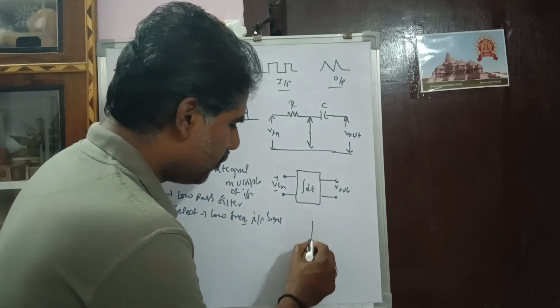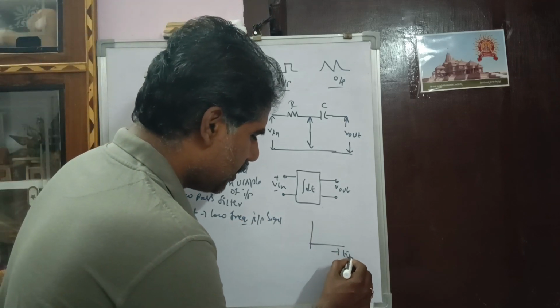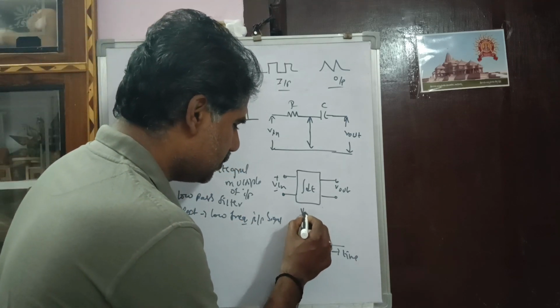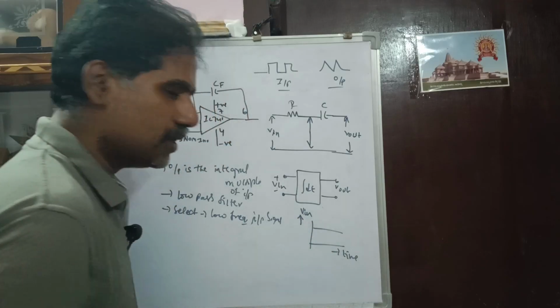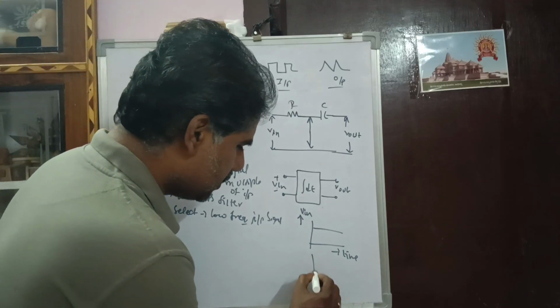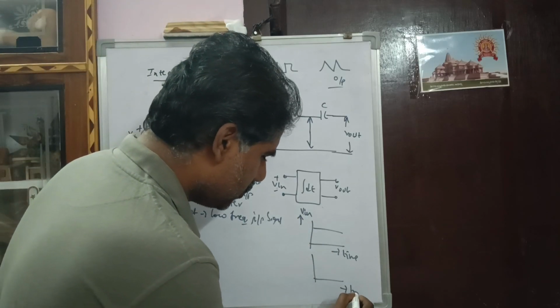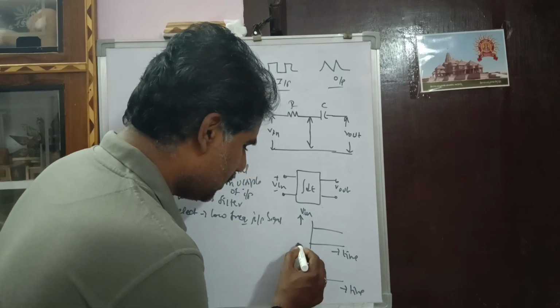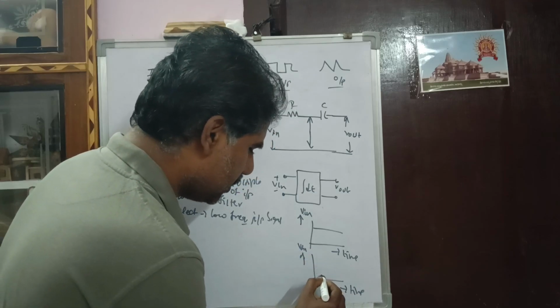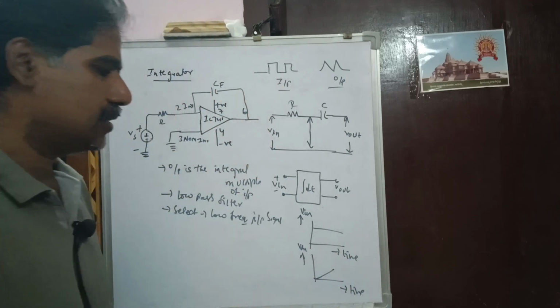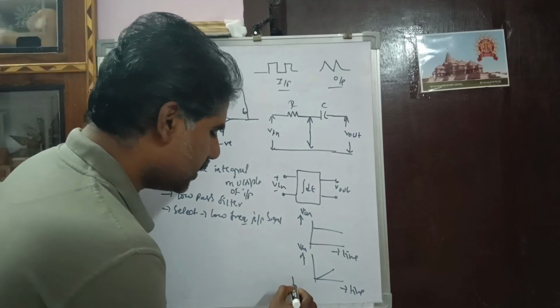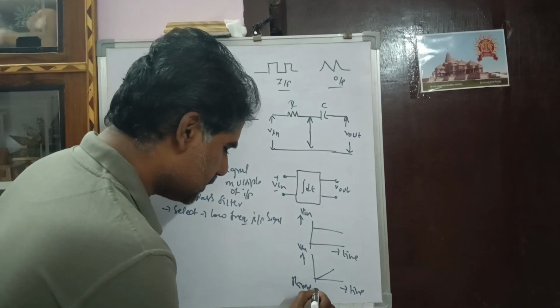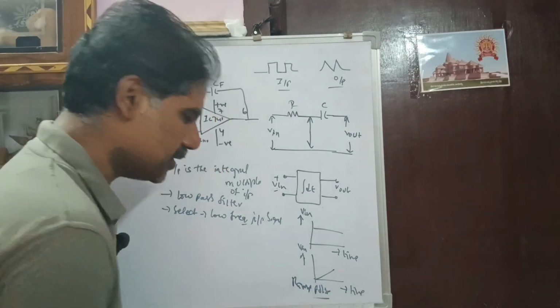If time is along the x-axis and input voltage along the y-axis, for DC input we get an output that rises with time as a ramp. It is used to generate ramp pulses. That is the basic integrator.